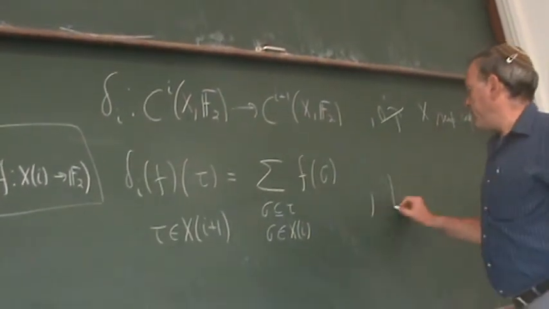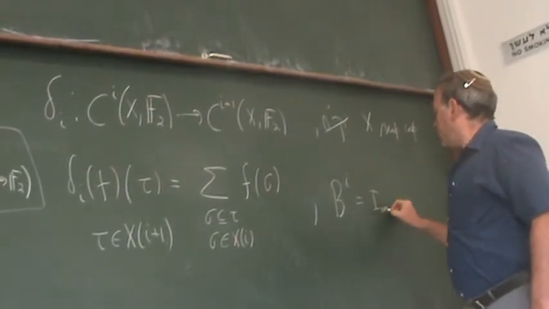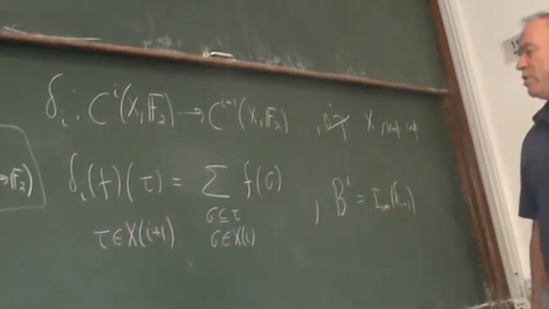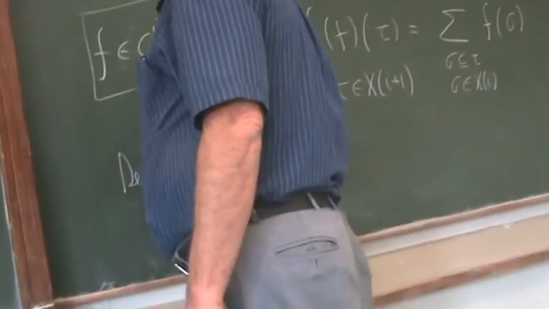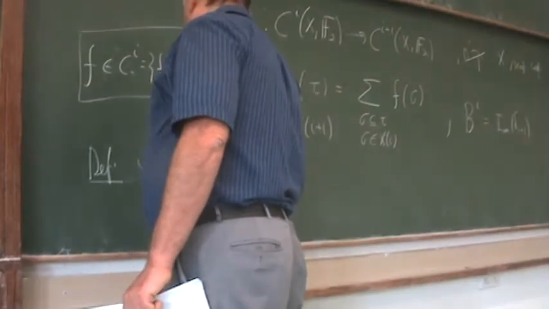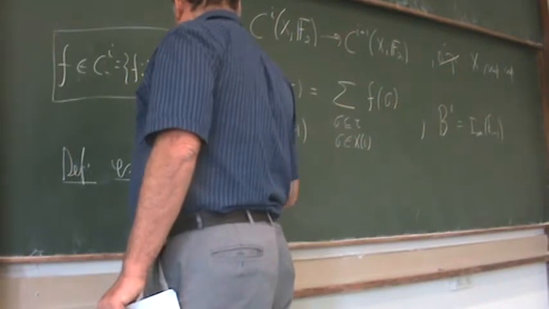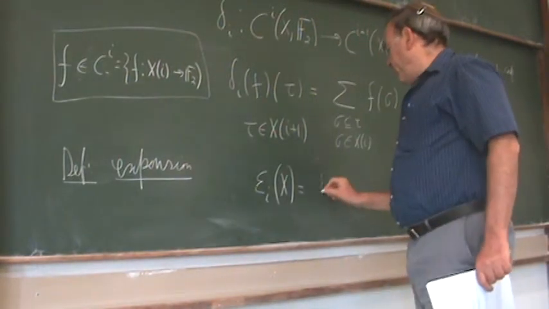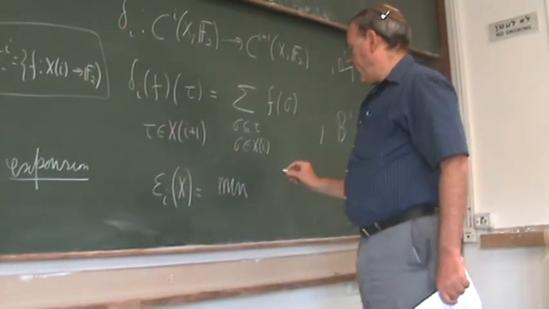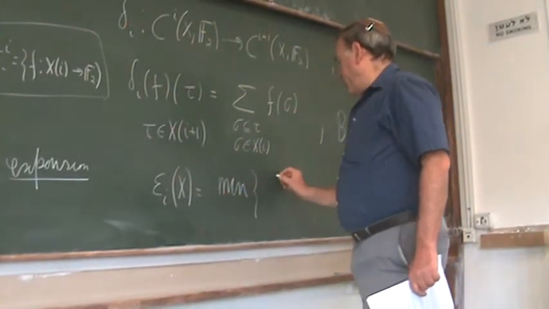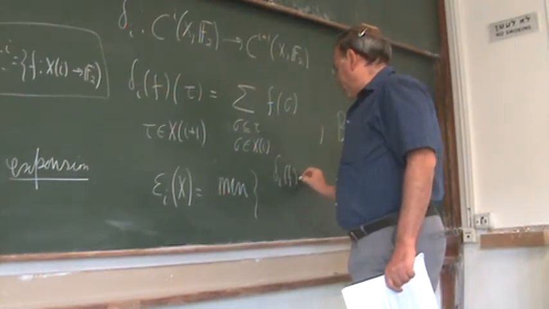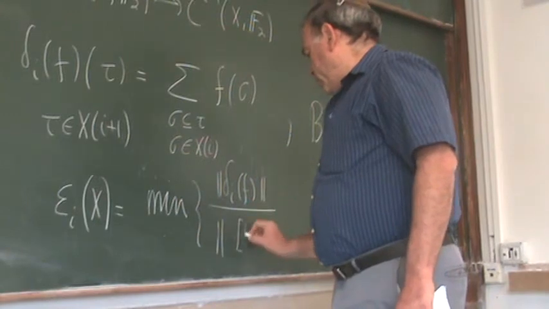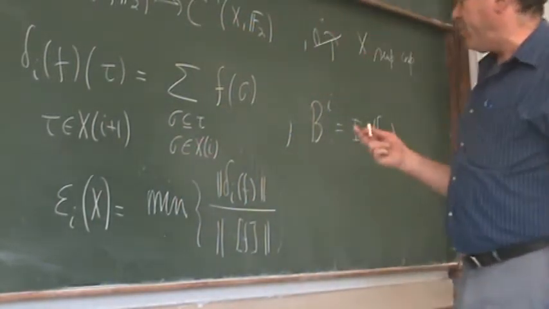Now, if B^i are the coboundaries, the image of δ_{i-1}, I'm working with all the i's together, then we define the expansion ε_i(X) as the minimum, over all f in C^i minus B^i, of the norm of δ_i(f) divided by the norm of the coset of f.